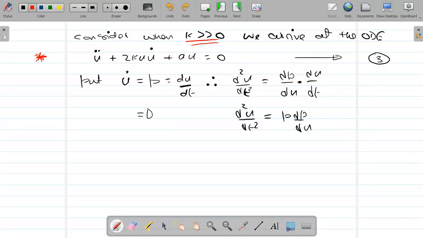And what we get if we do that is, I'll write it in blue ink. So we get p dp by du plus 2kup plus au equal to 0.